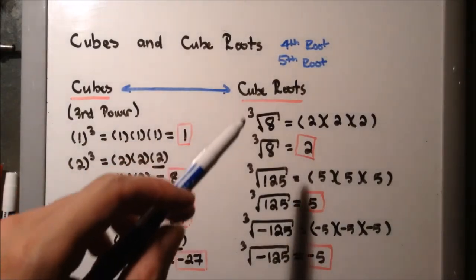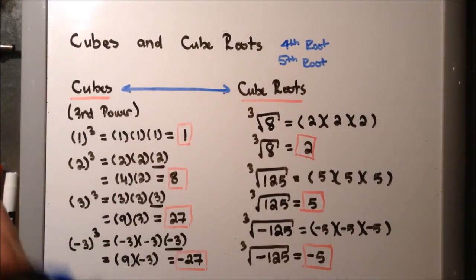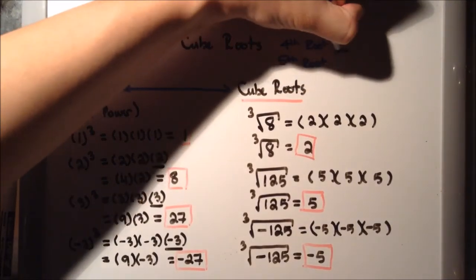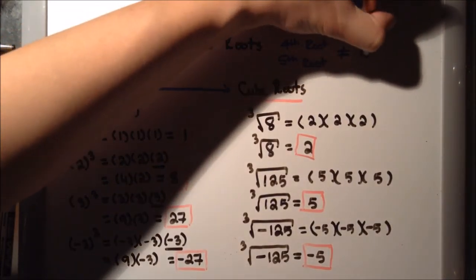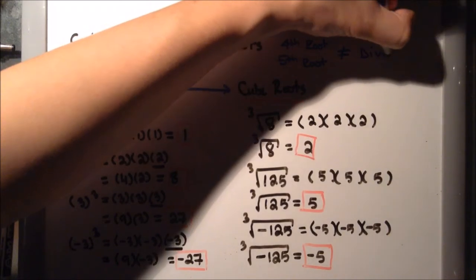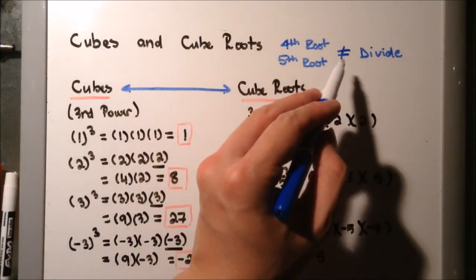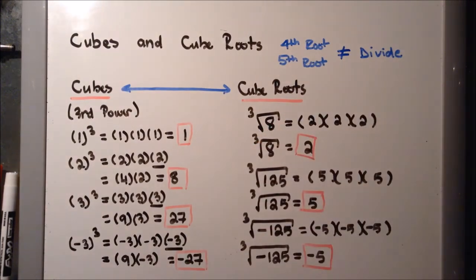So fourth root, fifth root, sixth root, seventh root, and so on. But remember, when it says root, it does not mean to divide. So fourth root, fifth root does not mean divide. Any kind of root, square root, cube root, fourth root, and so on, does not mean to divide.